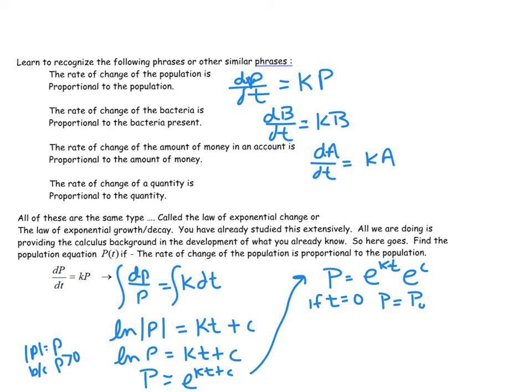But we also know that in this equation, if t is equal to 0, P is equal to e to the 0 times e to the C. And since e to the 0 is 1, P will equal e to the C. Well, that's P sub 0 because that's the initial population when t is 0. So the initial population is e to the C. So that means my equation is simply going to be the initial population taking the place of e to the C, times e to the kt.